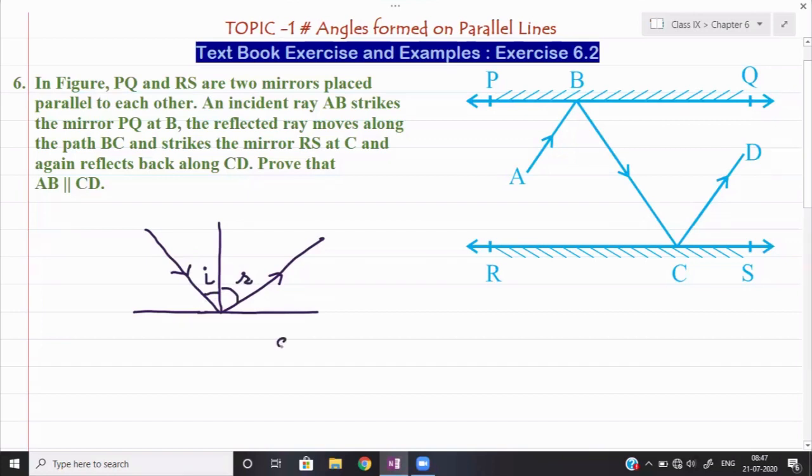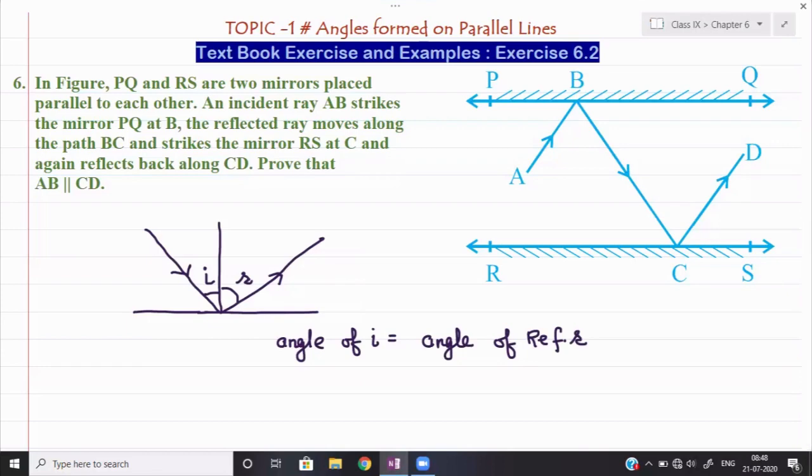So we'll say that here the angle of incidence is always equal to the angle of reflection. The same thing will be happening here also. Remember, okay, the angle of incidence and angle of reflection will always be equal.